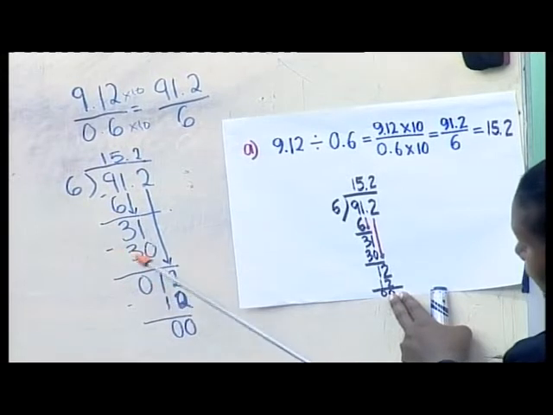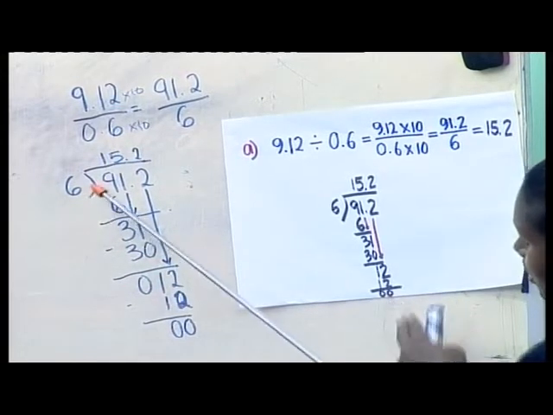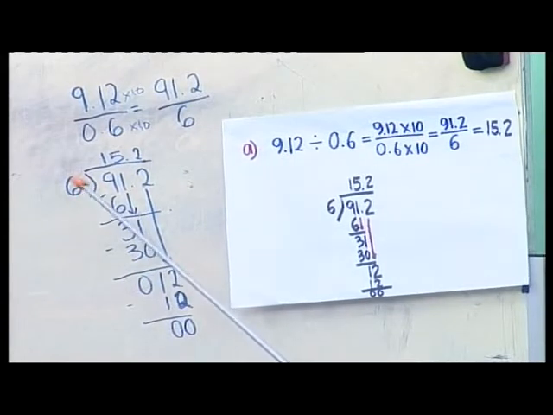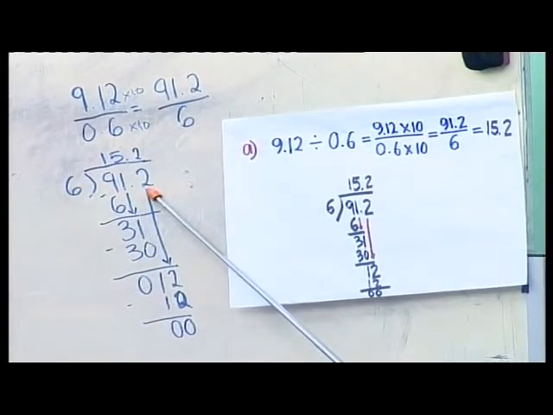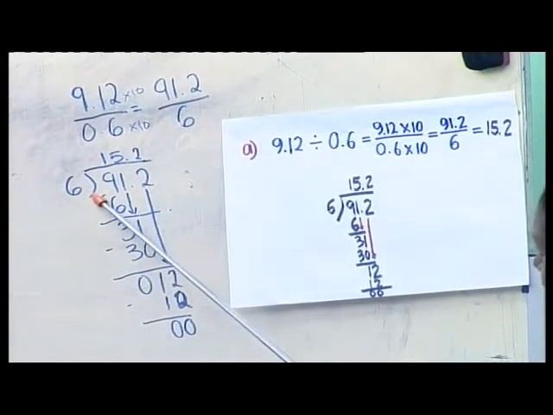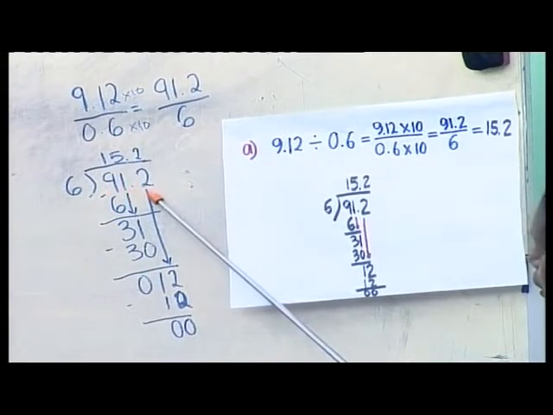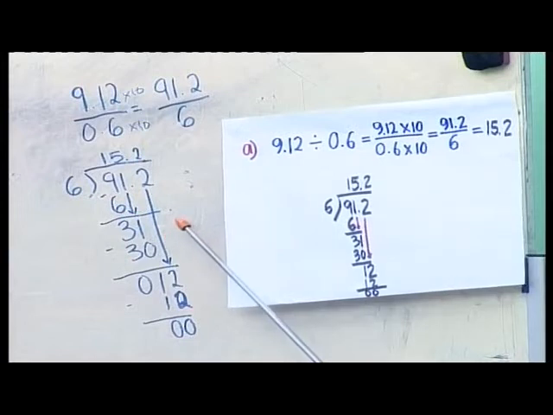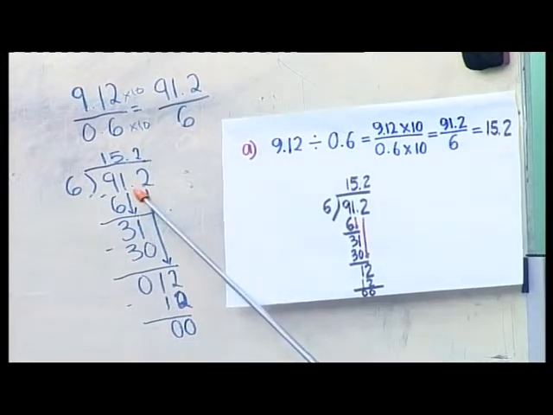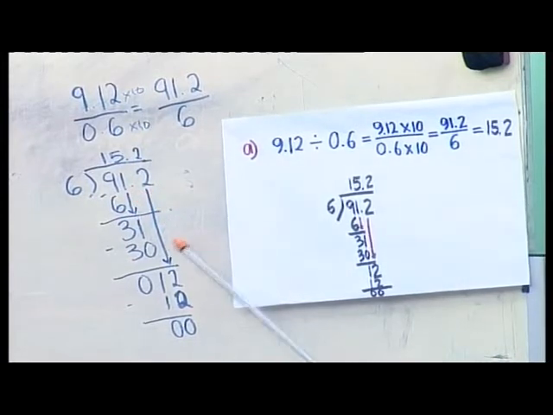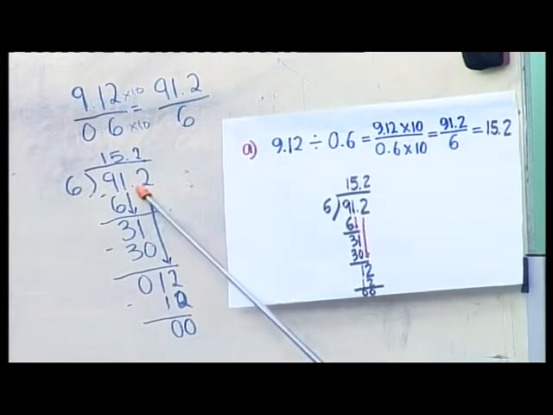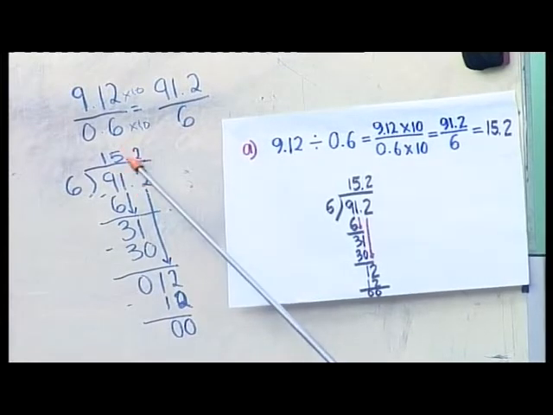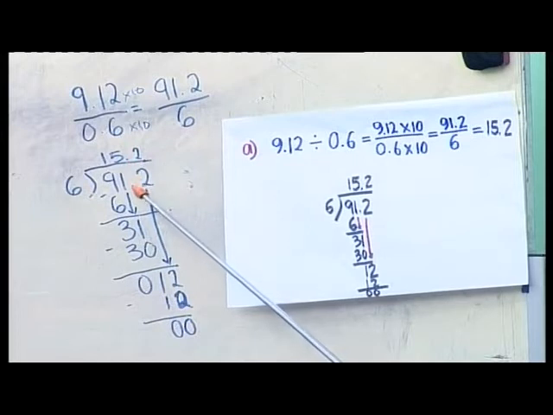So we have 1 divided by 6 cannot, so you will look at the next number. Before you look at the next number, there's something there, the decimal point. So before you look at the next number, you put the decimal point in the quotient in line with the one in the dividend.